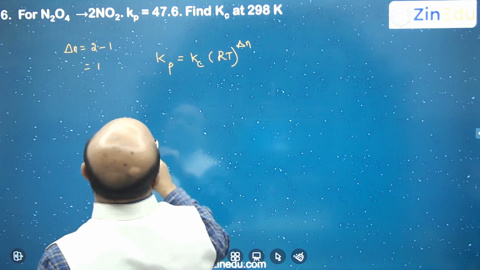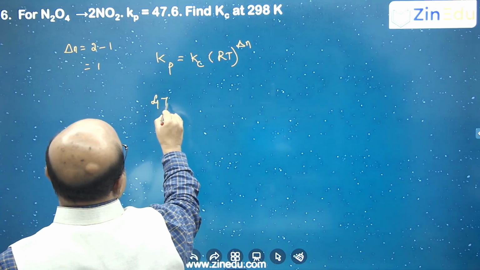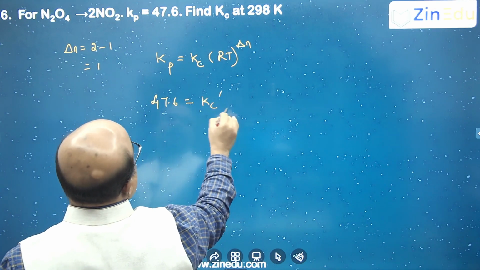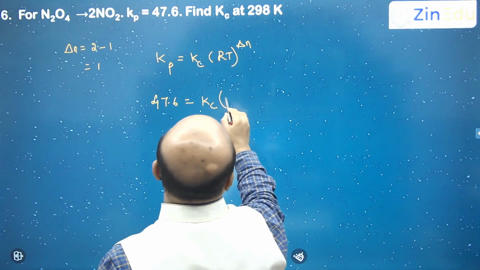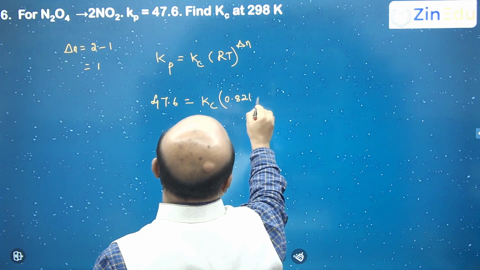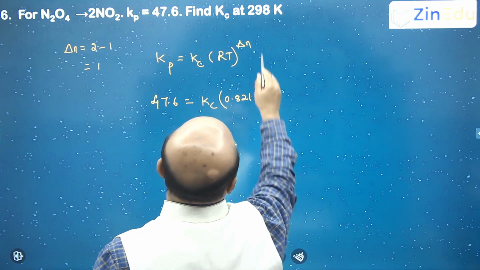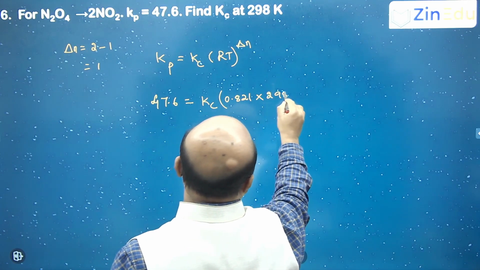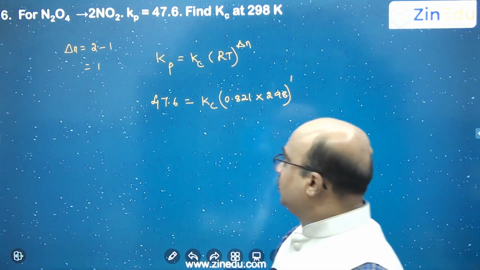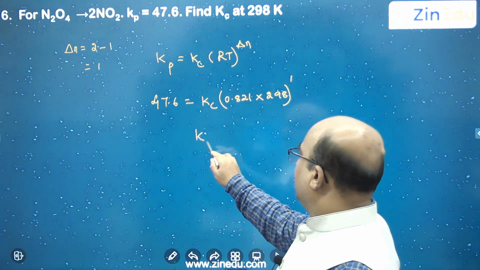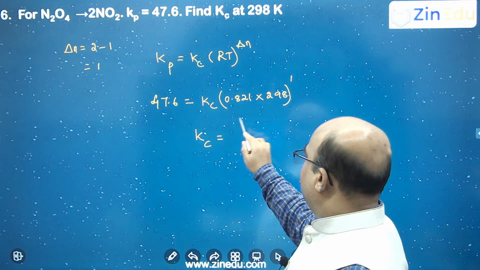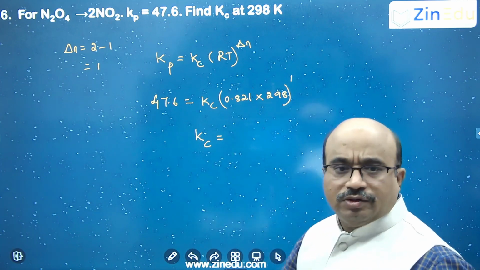So Kp, that is 47.6, is equal to Kc into R, 0.0821 with Kp in atmosphere units, into 298 to the power of 1. So Kc we are getting approximately the value from the calculation.